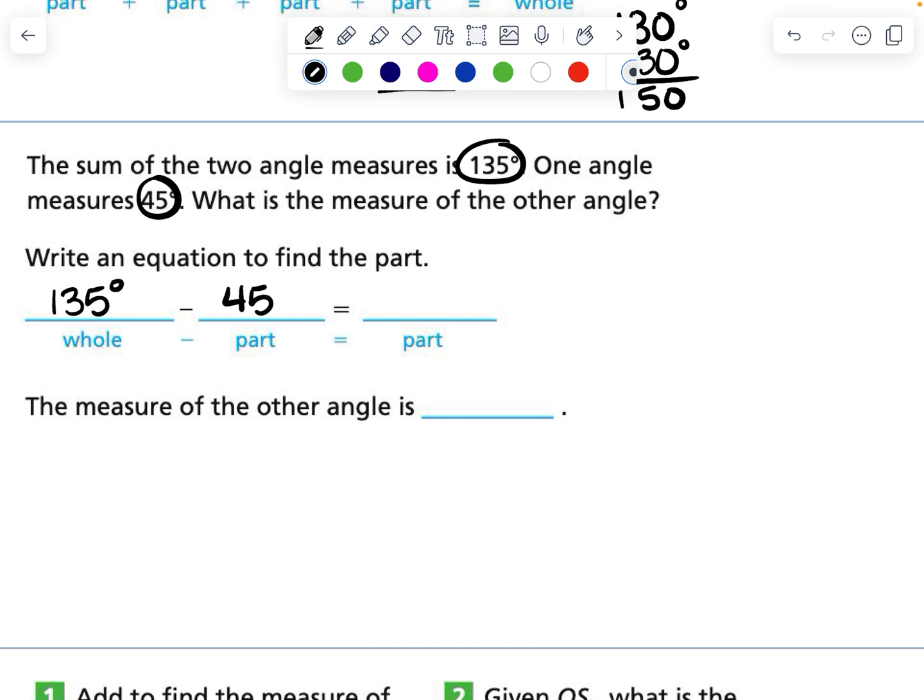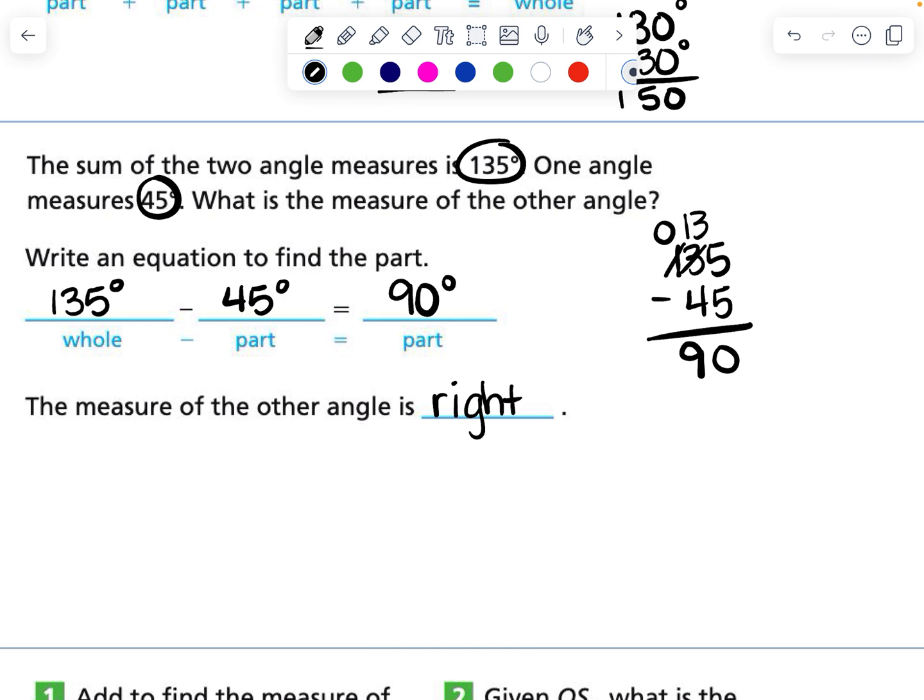I'm going to take the 45-degree angle away in order to find the missing part. We know that what's left is a 90-degree angle. If we classify that in one other way, we could say the measure of the other angle is right. A perfect 90-degree angle.